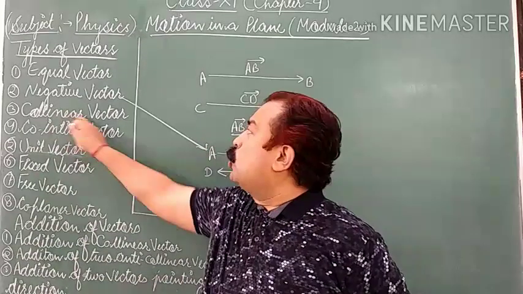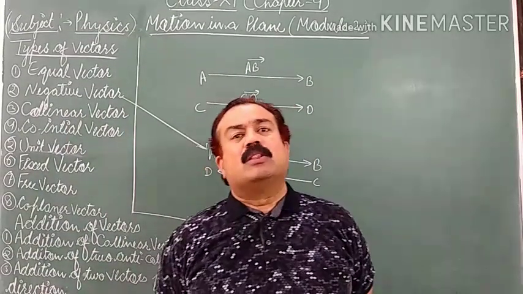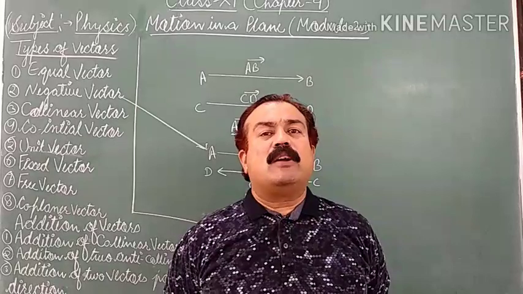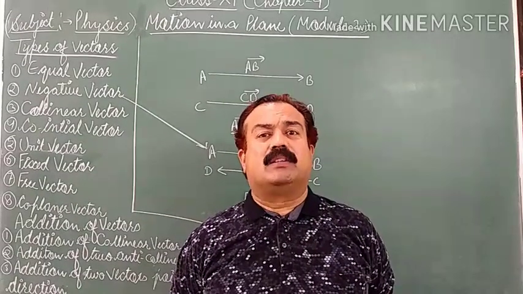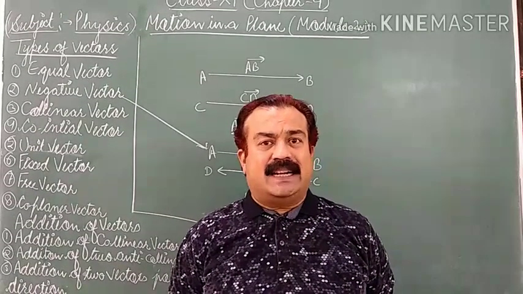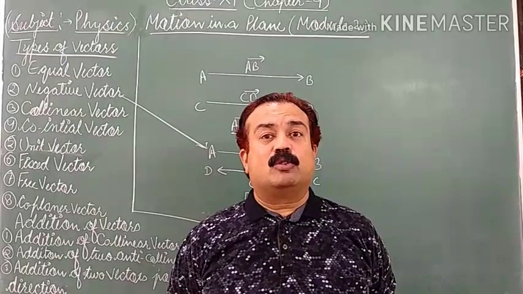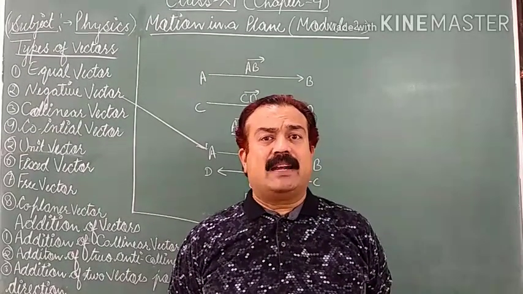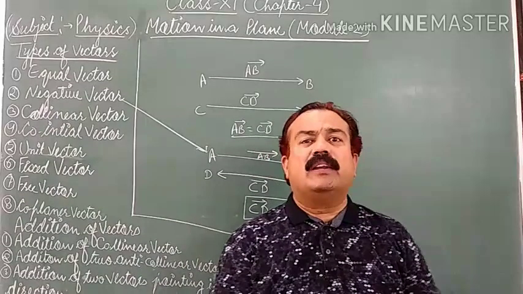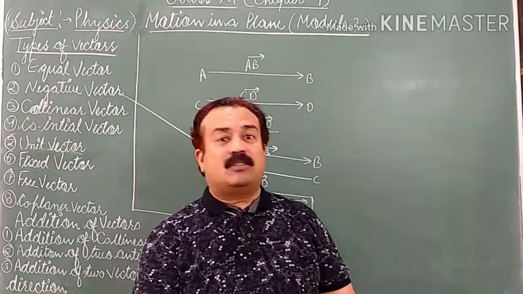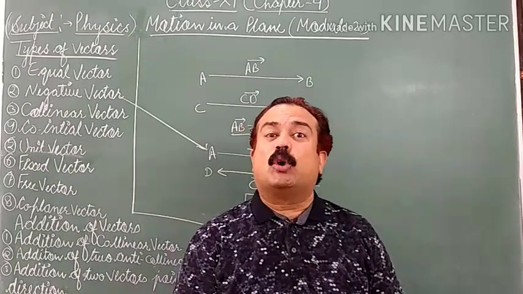So this is called negative of a vector, or simply negative vector. Next one is collinear vectors. Collinear vectors are two vectors that are parallel to each other, but it is not necessary that their magnitude is also the same. If their magnitude is the same, then they are collinear. But if their magnitudes are not the same, then also they are collinear vectors.